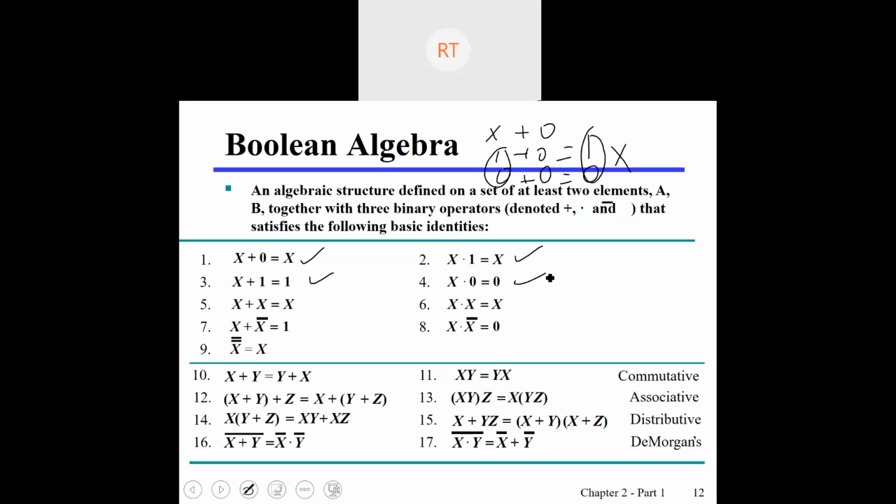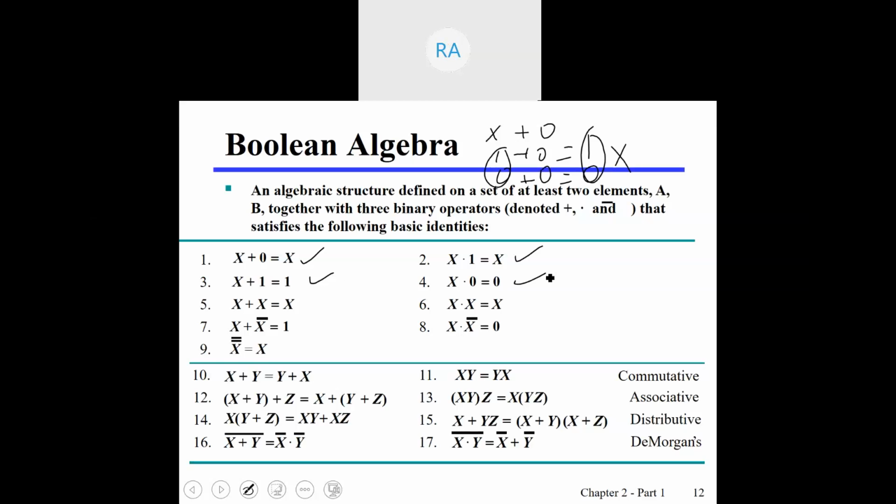Okay. Who can explain this to me? Yes, I said correct, Jad. It is correct what you explained. Yes, please, Ray. We have X and 0. If X is 0, the answer will be 0.